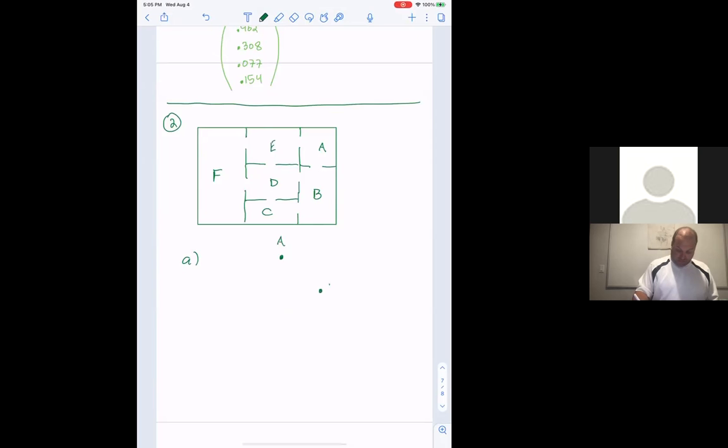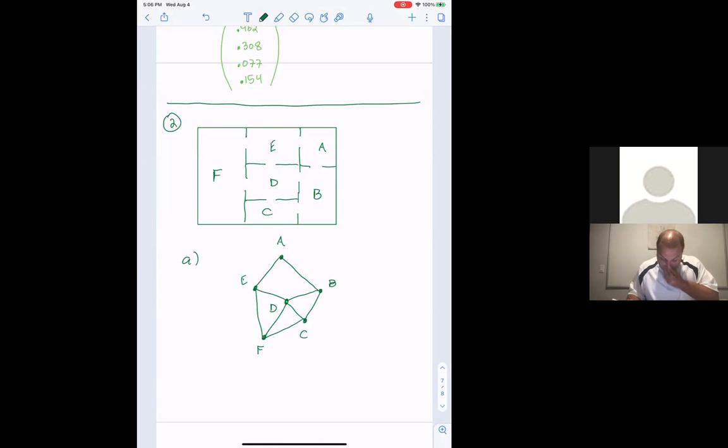So here's A, here's B, and we have an edge from A to B. Here's C, we got an edge from B to C. Here's D, which connects to C and also connects to B, and also connects to E, and also connects to F. Now E connects to A, and F connects to E, and also F connects to C. Okay, looks good to me.